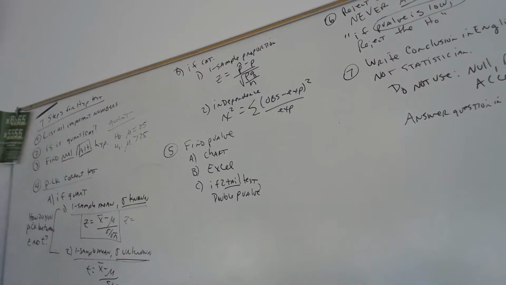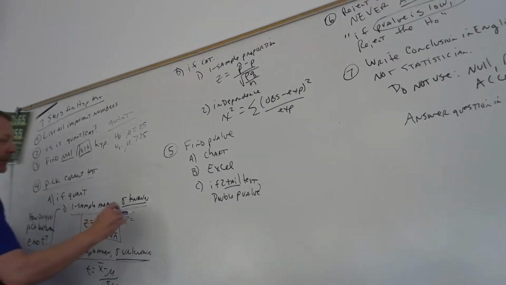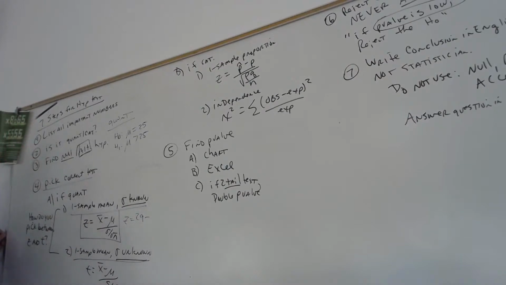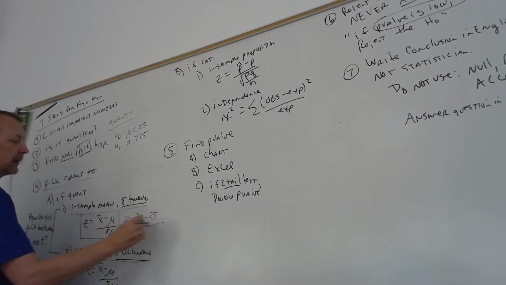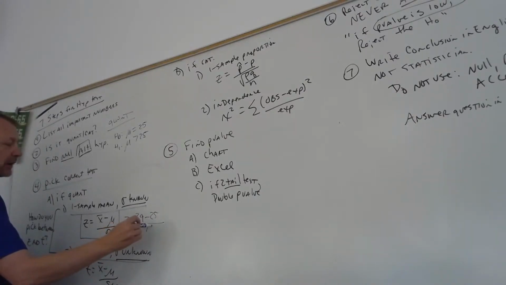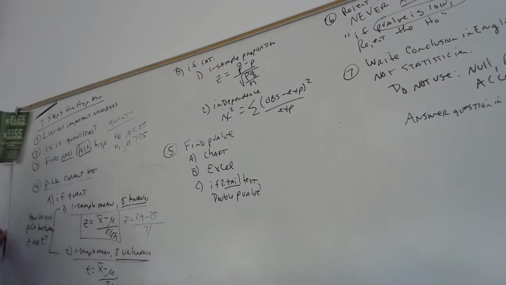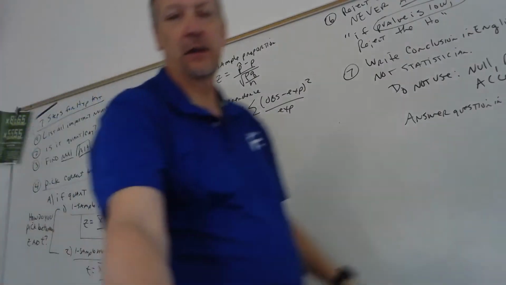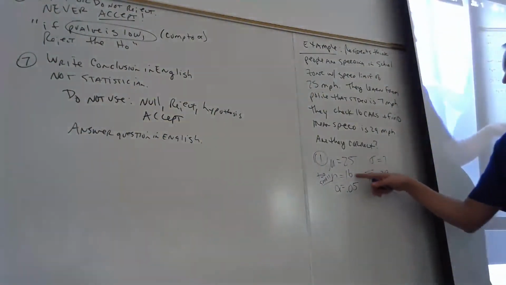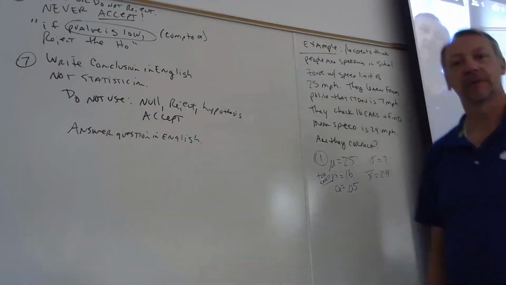So we have z equals 29 minus 25 all over sigma, which is equal to 7, over the square root of, I don't know what n is though. What's my n? 16. And 16 right there, okay?